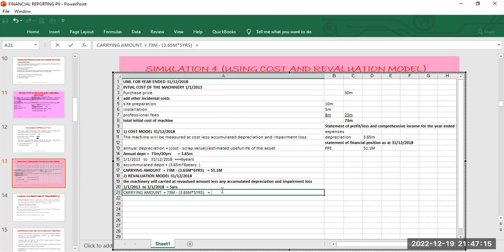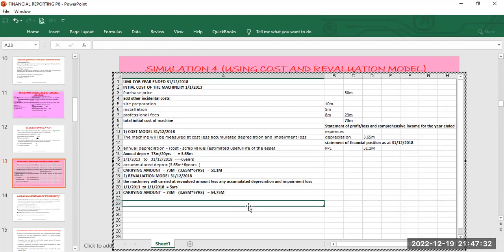So what will be the carrying amount of the asset from the date the asset was acquired to the date when the revaluation took place? It is going to be 54.75 million. The other person could say to get this carrying amount using this, because the one we did up here was for 6 years. Meaning that if you want to go backwards by 1 year, you just add back depreciation.